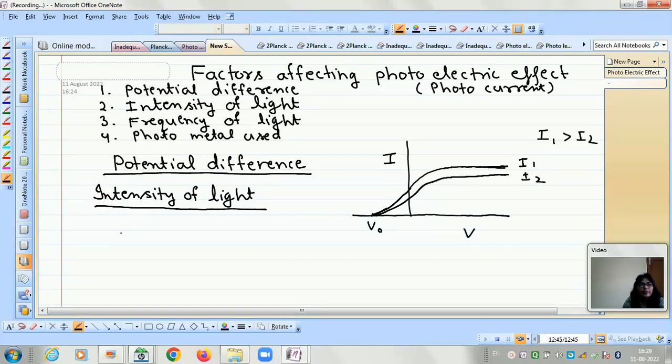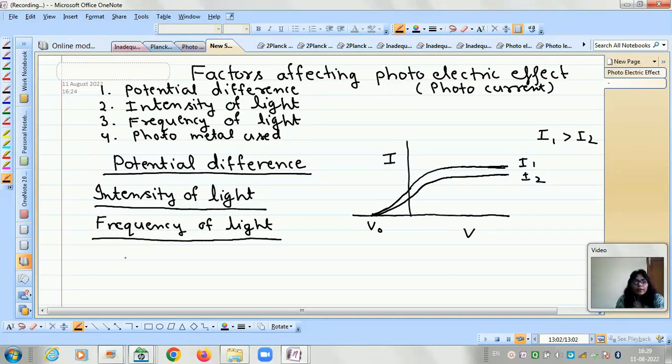And come to the next, which is the frequency of light. The third factor, which is frequency of light. Now if we give a certain frequency to photon, then we have the energy of photon as h nu.